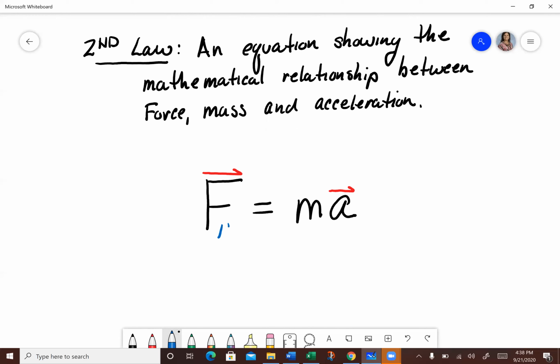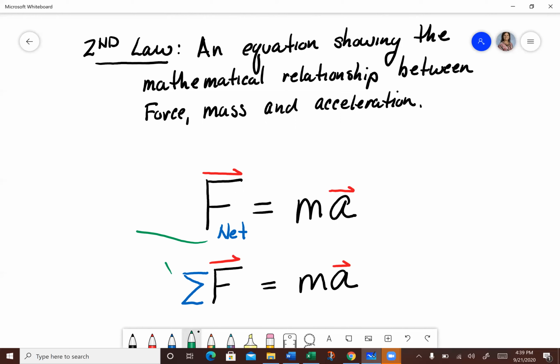In our world, there are many, many forces, so we also have to add the word net. Sometimes you will see the equation written as the sum of F equals ma, with vector symbols, and you will see the mathematical symbol sigma representing sum of. So these two things mean the same thing.